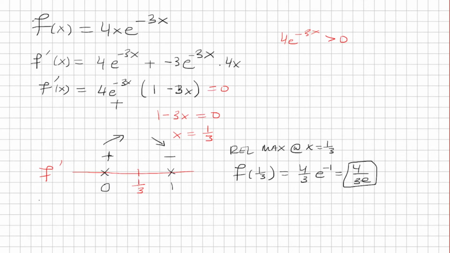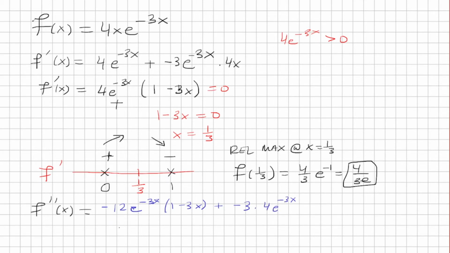Okay, now let's find the inflection points. So for this, we have to take the second derivative. And the nice thing here is that I did leave it in factored form. So let's work with that. So take the derivative of 4e to negative 3x first, times the second, plus take the derivative of the second, times 4e to negative 3x.